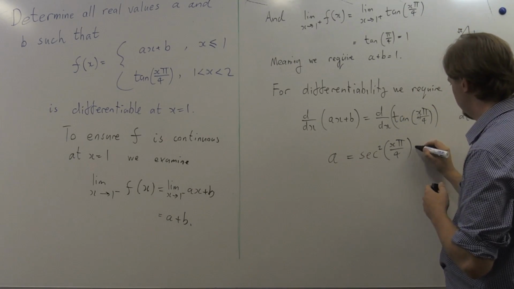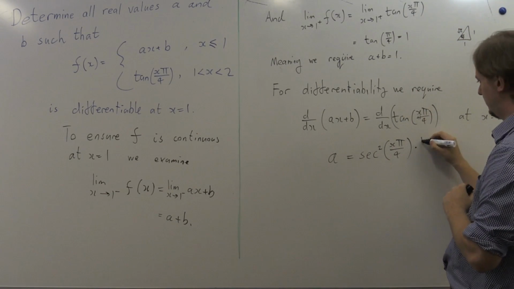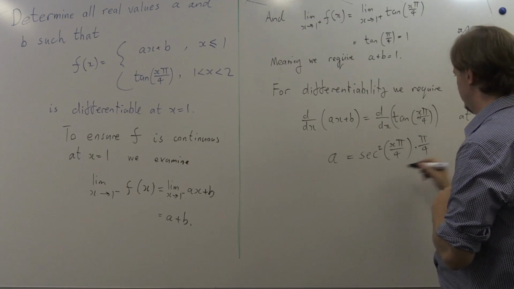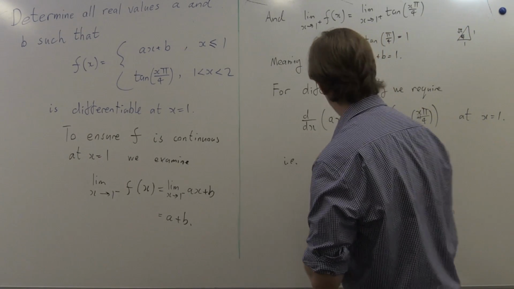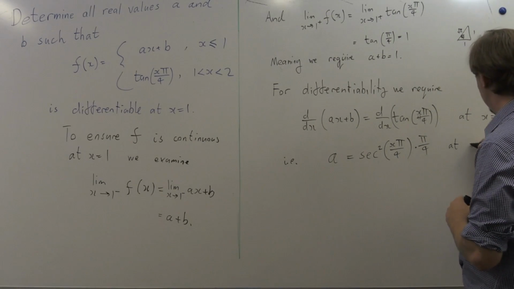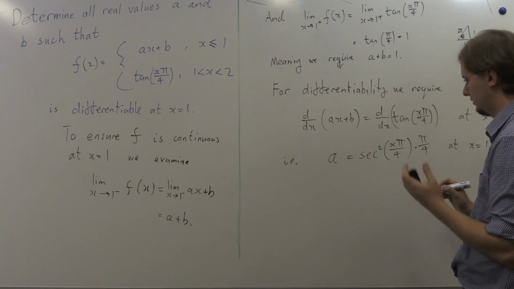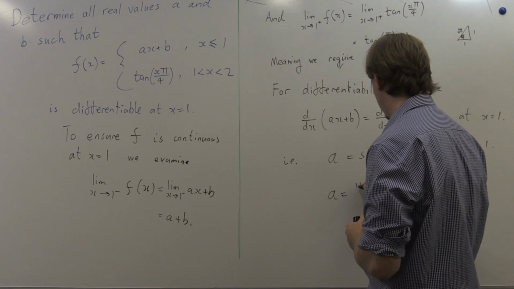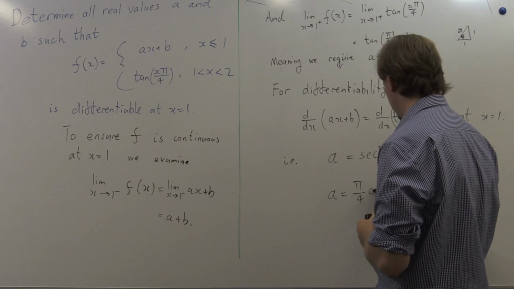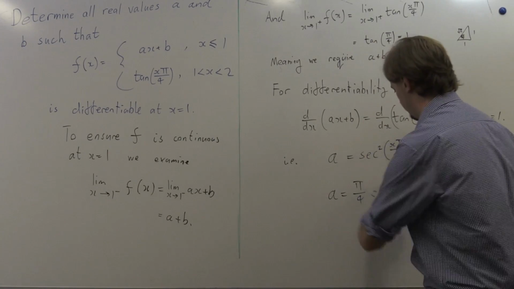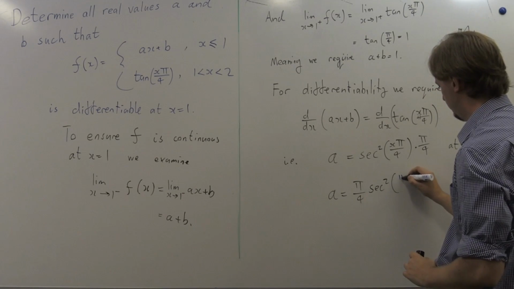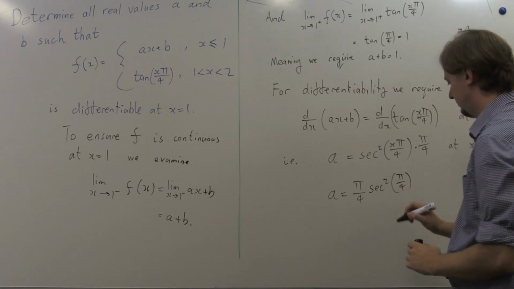And then also times the derivative of the argument, that is pi over 4. So at x equals 1, that means a will have to be equal to pi over 4 sec squared pi over 4.